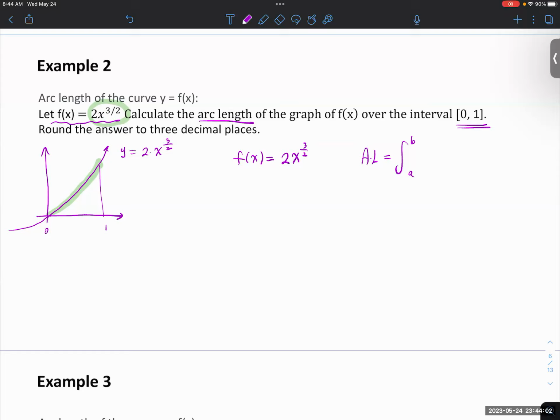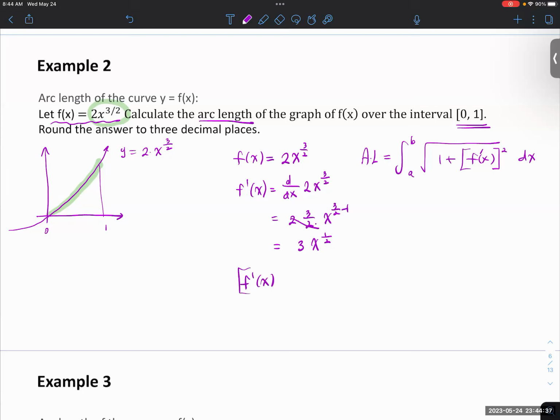The formula says radical of 1 plus f prime of x, take the derivative, squared, dx. We're going to use this formula. So in order to do this, we find f prime, the derivative d over dx of 2x to the 3 over 2. That is 2 times 3 over 2, x to the 3 over 2 minus 1, the 2s cancel, giving 3x to the 1 over 2.